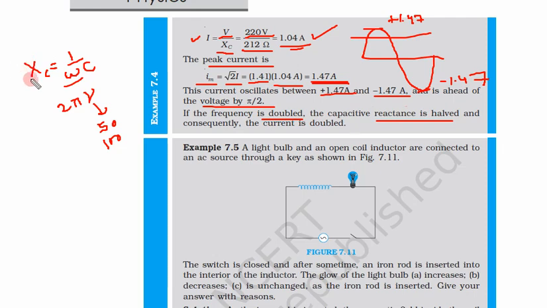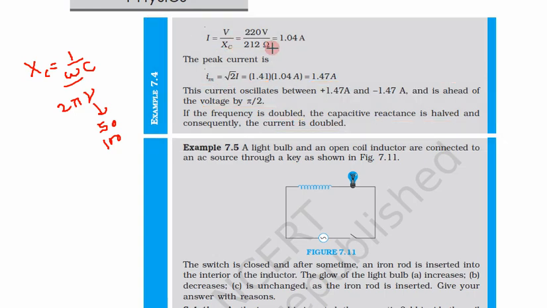Previously we got 212 ohm, now it will become 106 ohm. Since reactance is halved, current will increase to double. Reactance is now 106 instead of 212, so current will be doubled to 2.08 ampere.